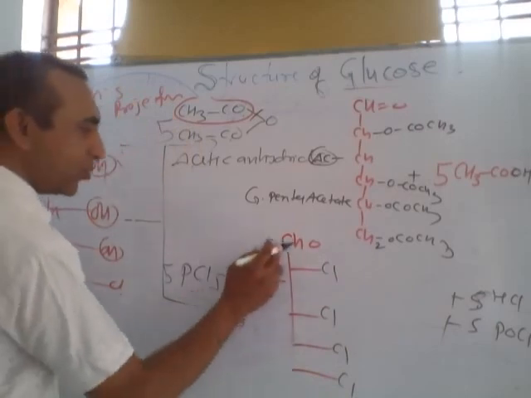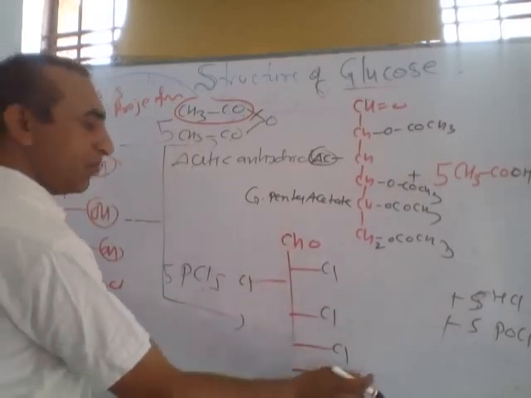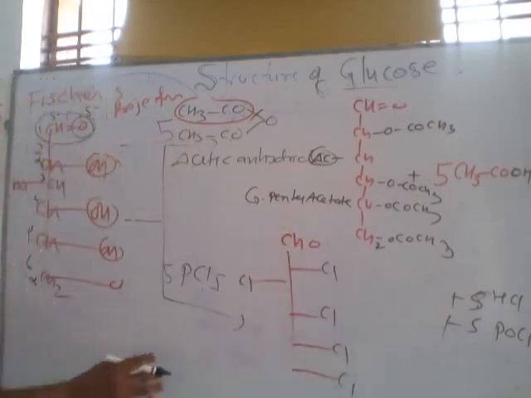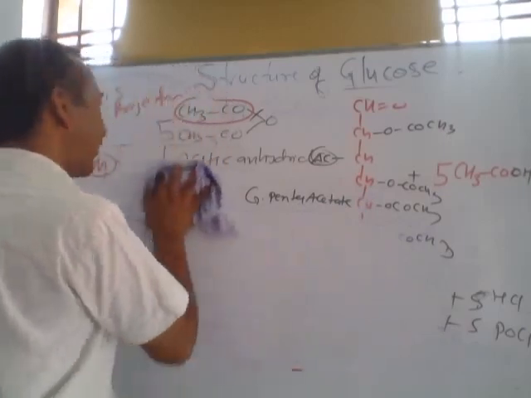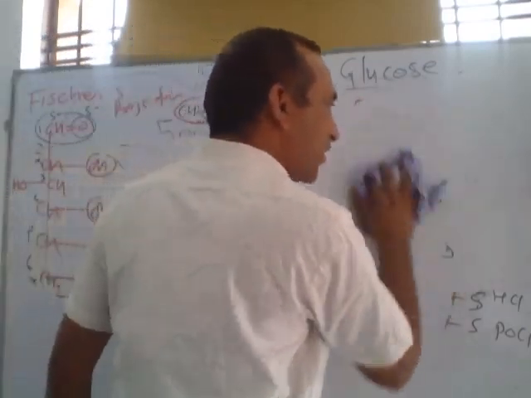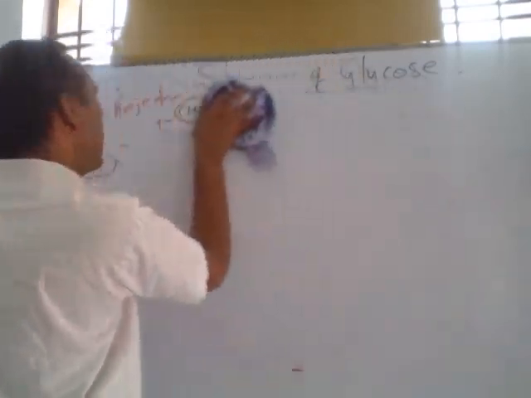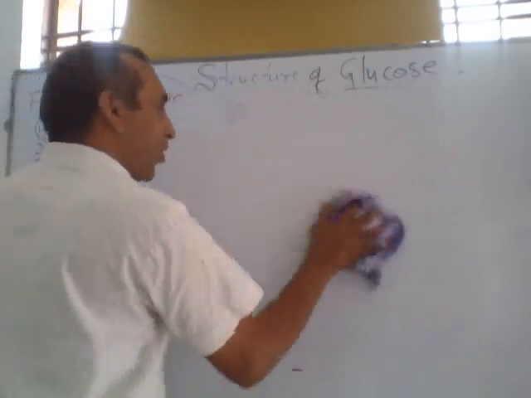This is called glucose pentachloride, otherwise pentachloroglucose. So these two reactions prove that in glucose 5 OH groups are present, because after the reaction glucose pentaacetate and glucose pentachloride are formed.